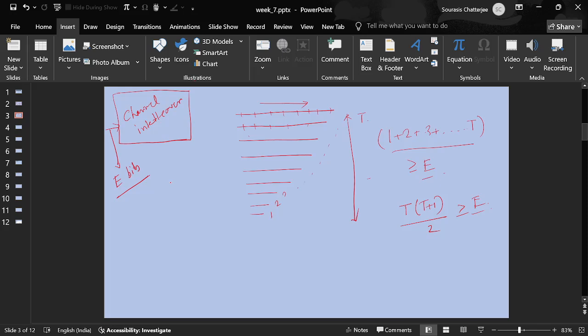Because at input I have only E bits. So how do I fill the isosceles triangle in that scenario? Including null bits. Okay, so we are saying there should be T times (T plus 1) over 2 minus E null bits.